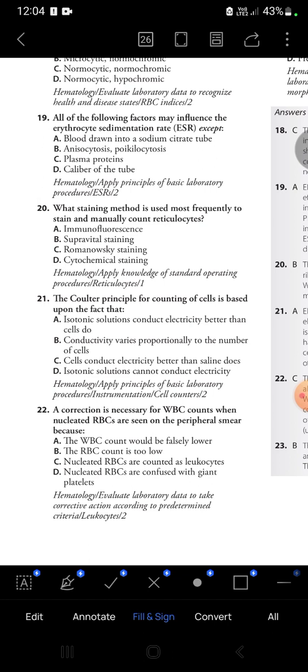The Coulter principle for counting cells is based upon the fact that isotonic solutions conduct electricity better than the cells do. The rest of the options are not correct.